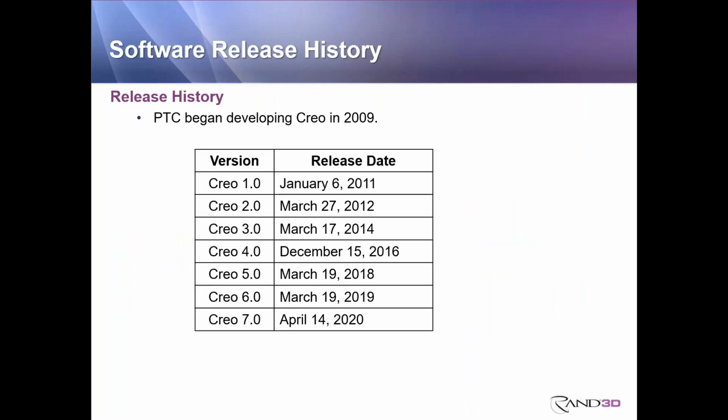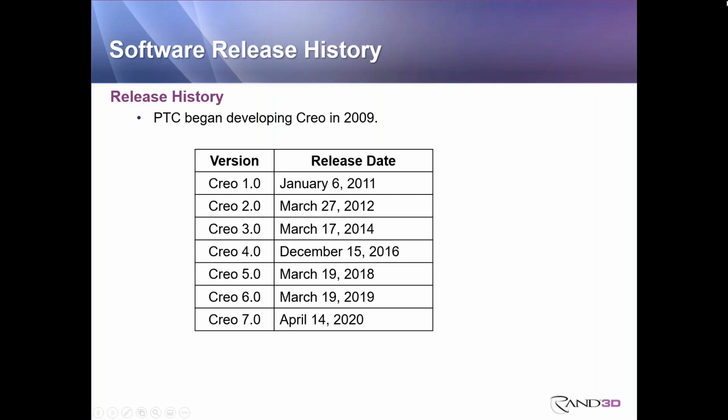And from here, I have an image that shows some of the prior versions of the Creo software and their release dates. You can see there that PTC began developing Creo Parametric back in 2009, and there have been many changes since then, as you can see from the different versions.